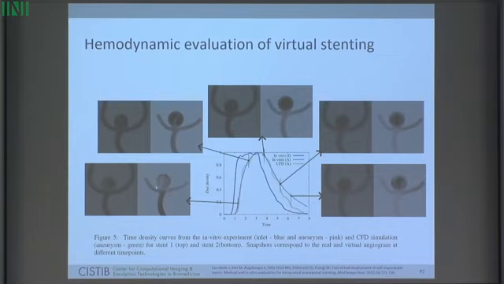You don't see much, but if I take one point in the middle of the vessel and I trace it over time, you have the time dilution curves that people from X-ray use a lot. If you forget the blue one, which is at the entrance, a reference value, the wash-in and wash-out curves of the in vitro aneurysm and the CFD aneurysms are pretty much spot on. Okay? So that means that the way the contrast gets distributed in the virtual world and in the real world are very similar.